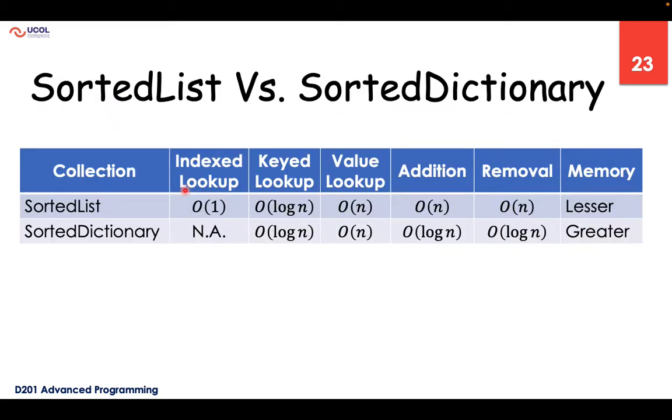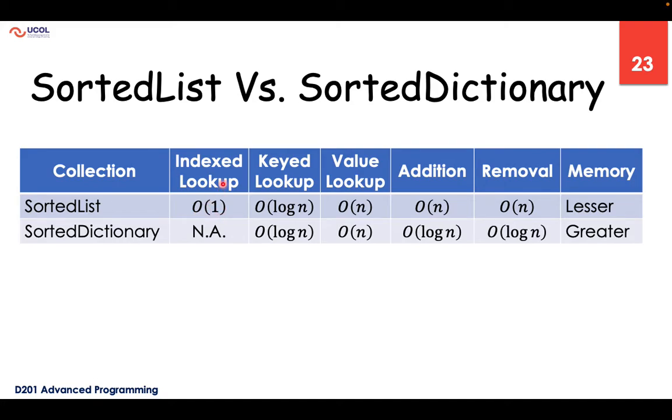If we talk about efficiency, or how much time they need to perform specific methods: sorted list is O(1) for indexed lookup.